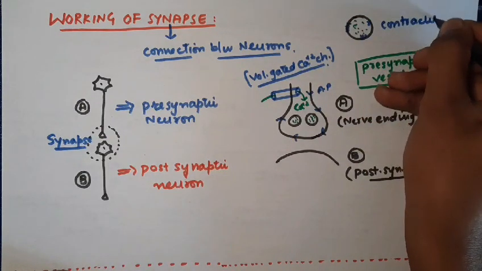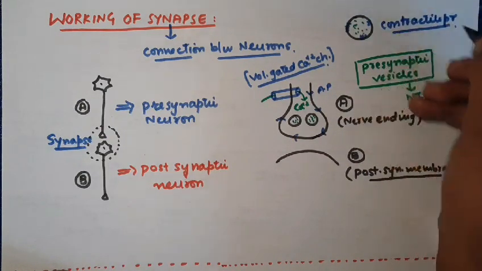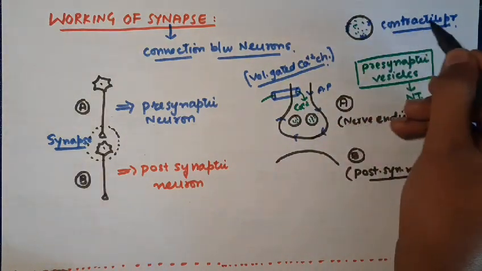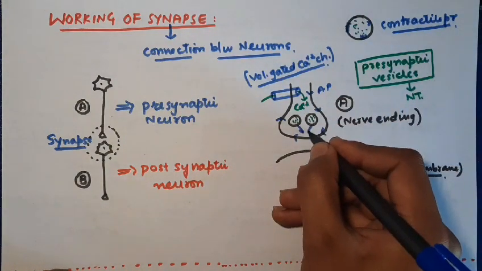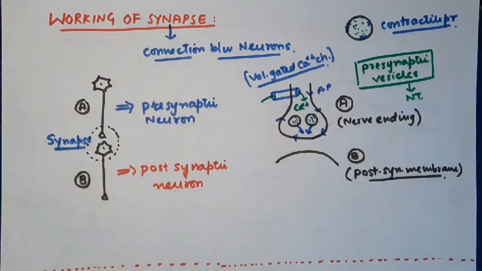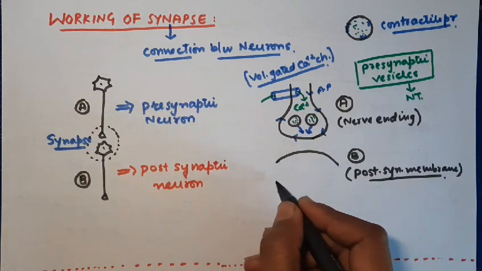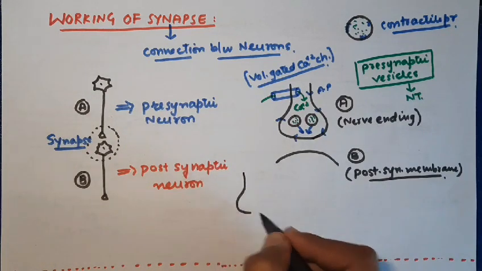Once calcium enters, it causes contraction of these proteins, because of which these vesicles move towards the synapse, and there will be release of neurotransmitter by exocytosis.